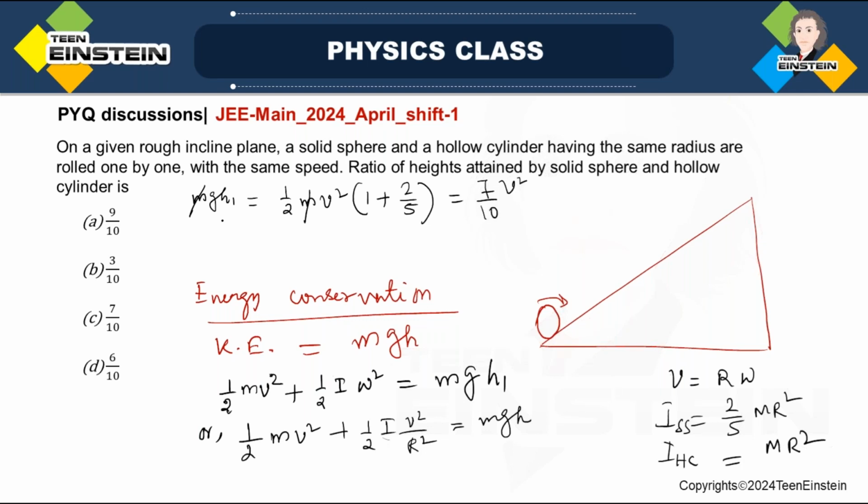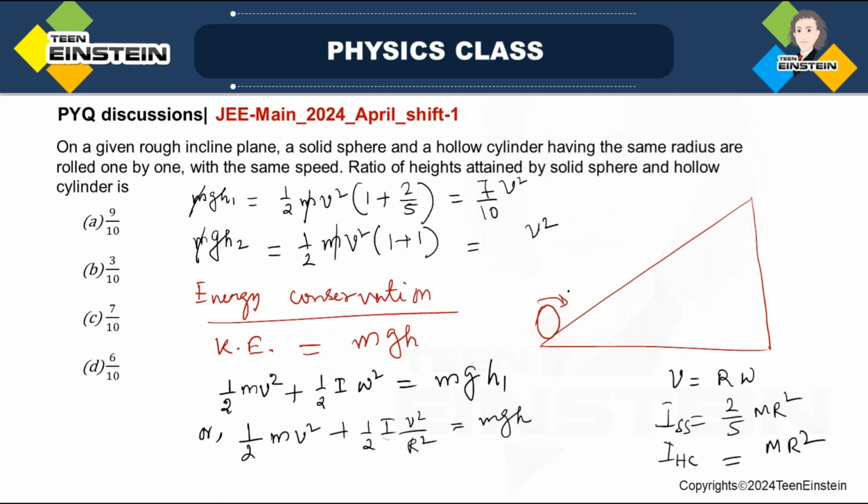Okay, similarly using this formula I can do it for cylinder. This is half m v square, here 1 plus I by r square, that is 1 plus mr square by r square, r square will cancel out, so this will be 1 only. Let us cancel m from both sides. So this will be actually v square, only v square.